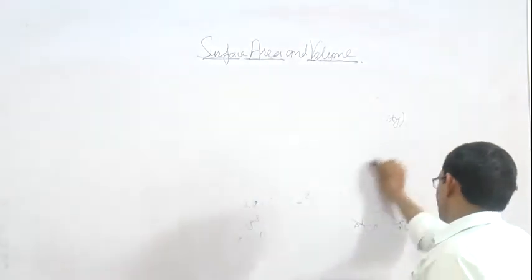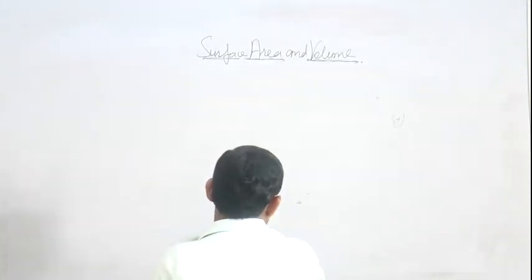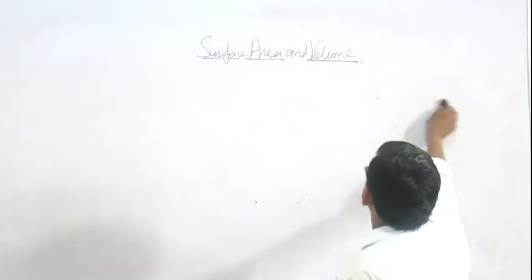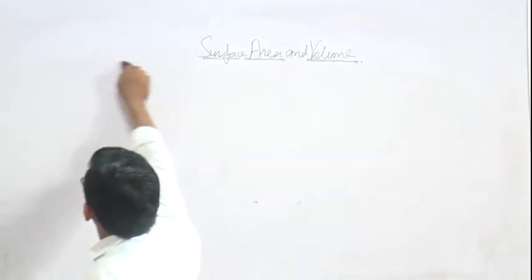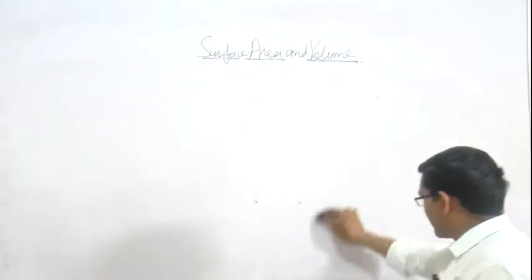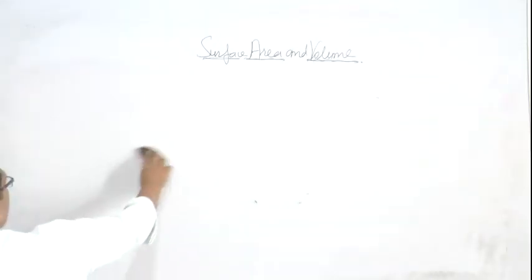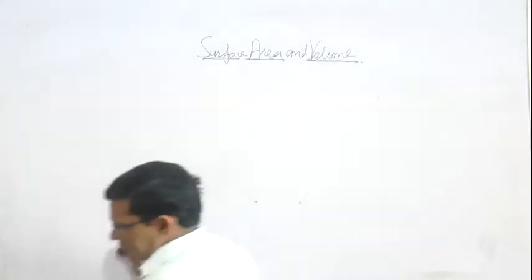The difference of cube and cuboid is very simple. Cuboid has rectangular faces and cube has square faces. The number of vertex, edges and faces are the same in both. Okay.